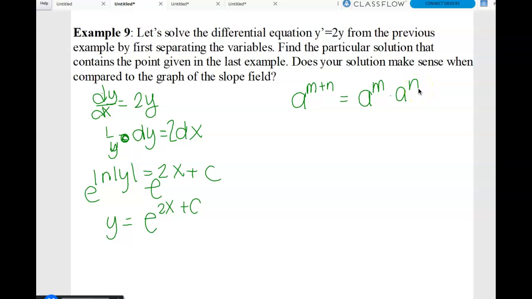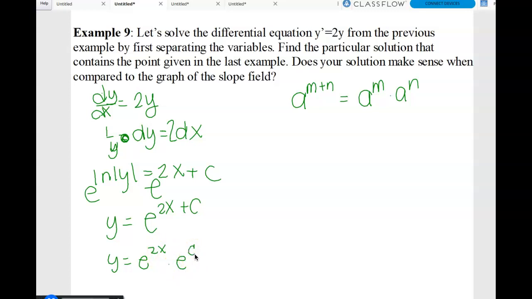Because the rule of exponents is that if you have two exponents being multiplied together with like bases, you add the exponents. So in this case, I want to treat that as the multiplication instead of the addition. So it's kind of like saying this is e to the 2x times e to the c.